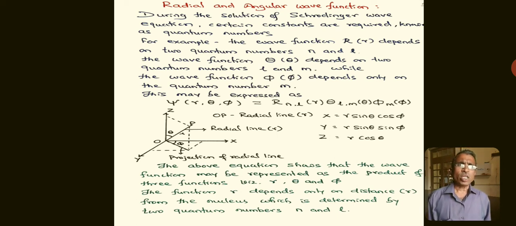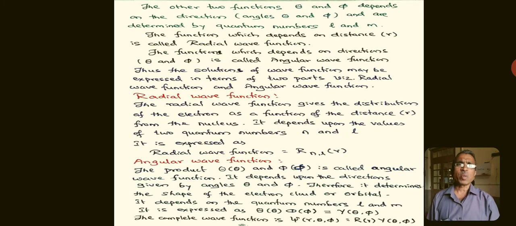The above equation shows that the wave function may be represented as the product of three functions R, theta, and phi. The function R depends only on the distance r from the nucleus, which is determined by the two quantum numbers n and l, which I have already explained.